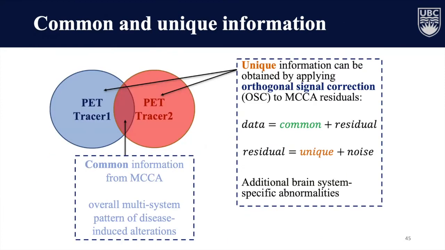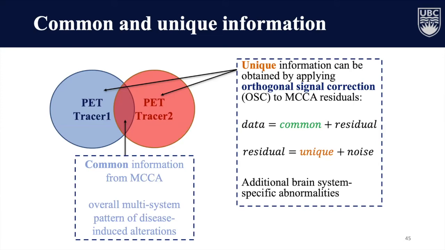After extracting the common information from the two tracers, there are still significant within-subject variabilities. These additional variabilities may reflect specific system responses to disease or subject-specific clinical progression. So after we extract the common information with MCCA, we applied orthogonal signal correction to the residuals from MCCA.